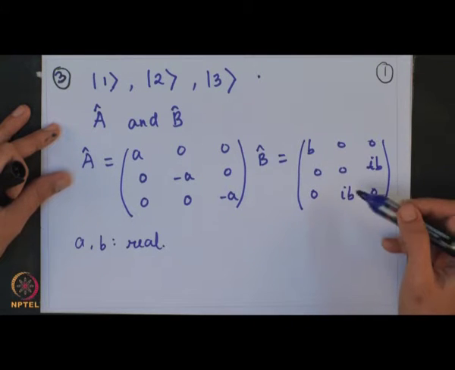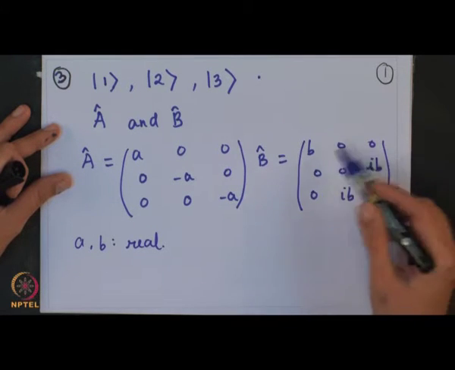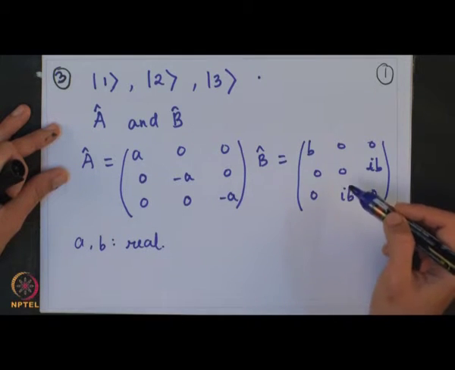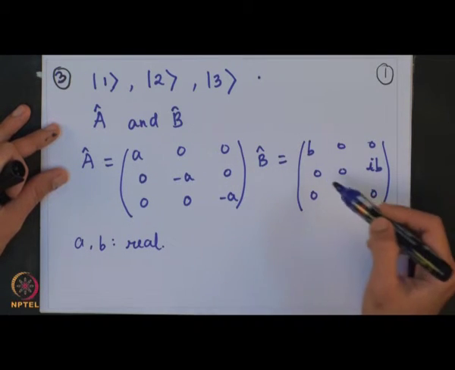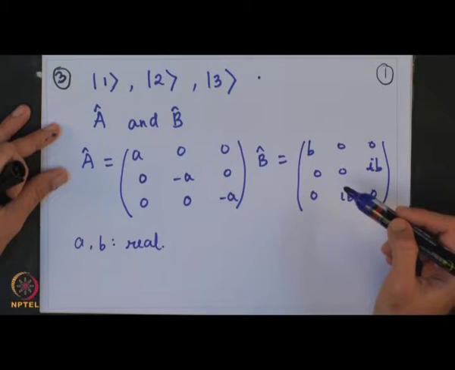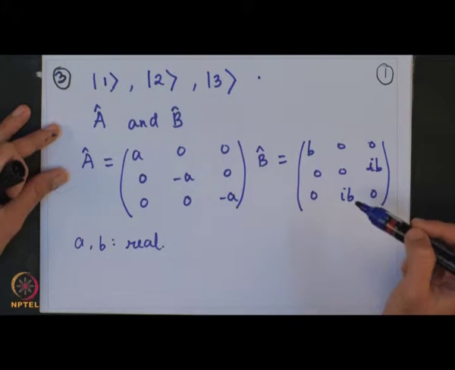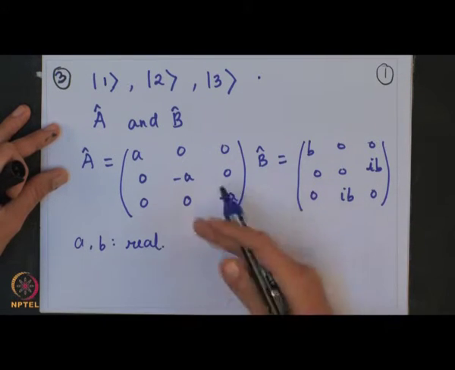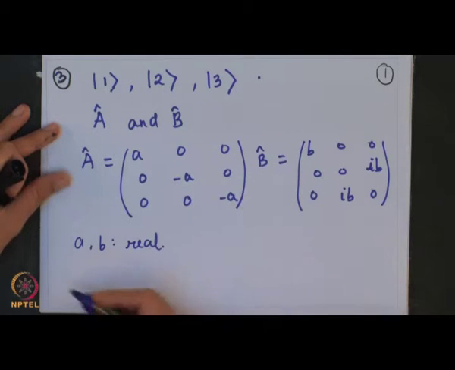Operator B, you cannot do quickly as we did for A, so let us write it in some form. The third question is to find the eigenvalues and eigenvectors of B. A you can just see verbally, it is very simple.